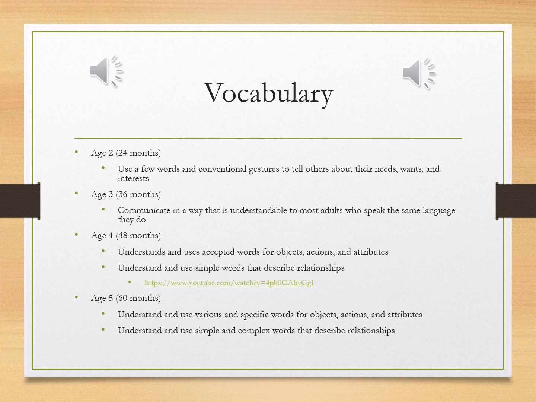So they're grabbing a couple words and putting them together to convey a thought. So maybe they say, want milk, me up, dog go. So it is a sentence. It's just a sentence without any of the filler or extra words that older children are going to use.